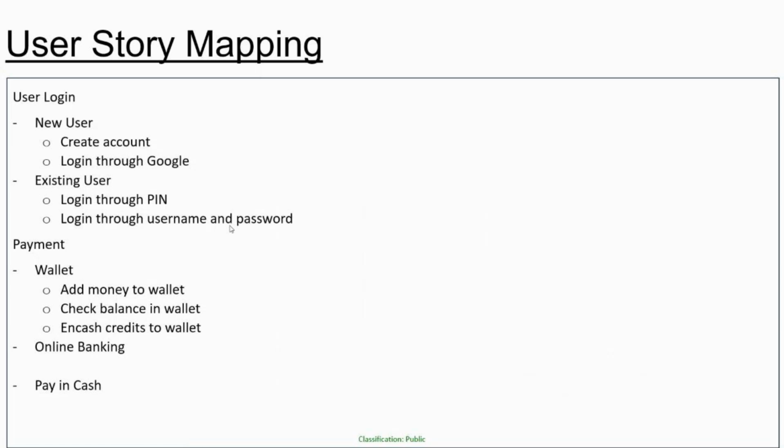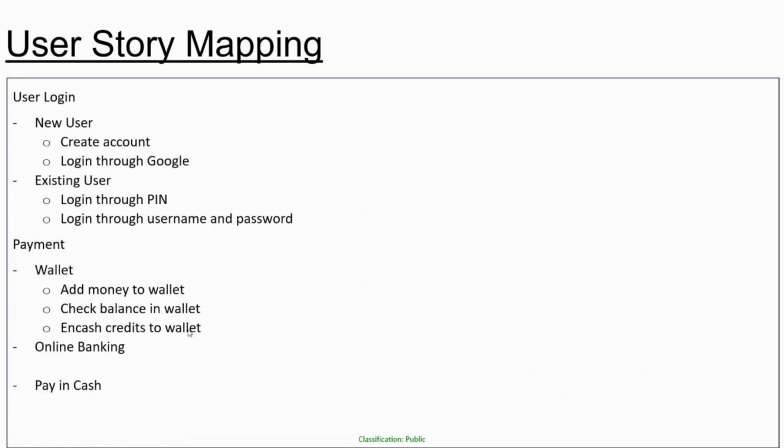Now all those credits can be encashed in the wallet, converted into wallet points or something like that, and you click on it, and the amount that is there in your wallet can increase, right? So that has to be developed, right? When that has to be developed, you need to mention that particular point as a requirement in a user story, and that could be this: encash credits to wallet. That can be the user story.